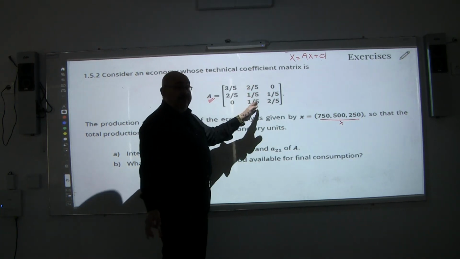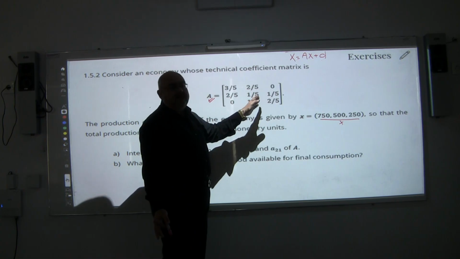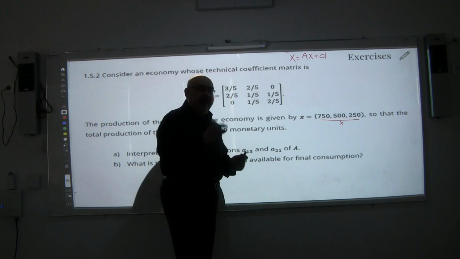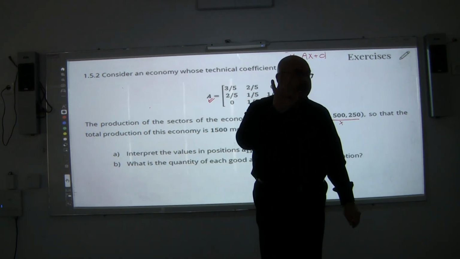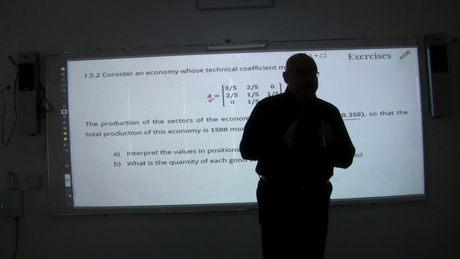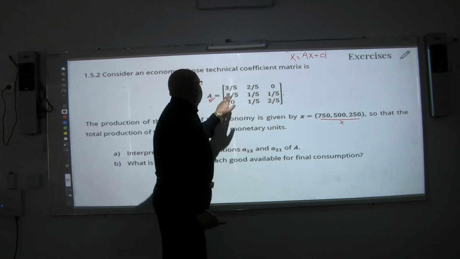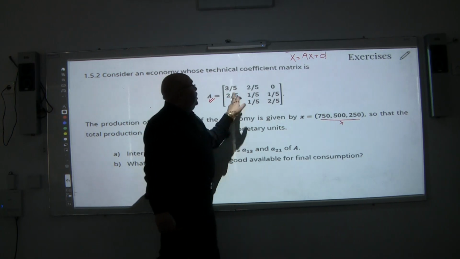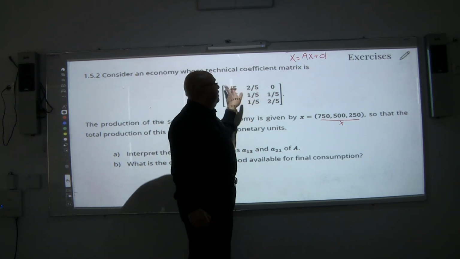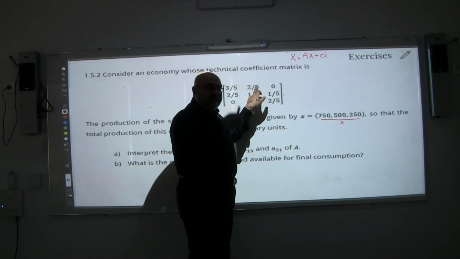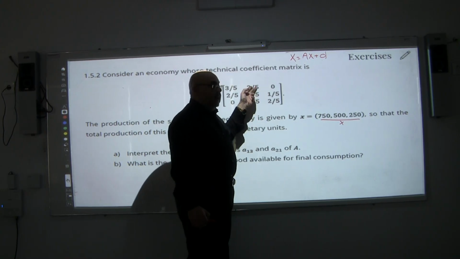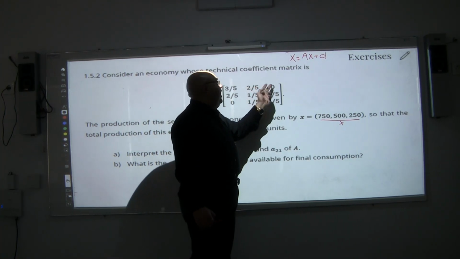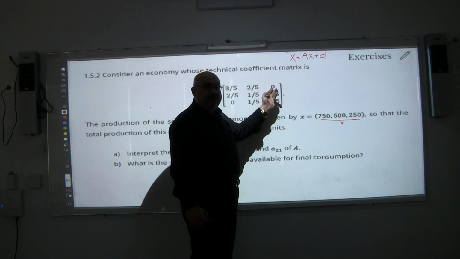So the third sector doesn't depend on the production of the first sector. The first sector will depend on itself by how much of the ratio of the production? 3/5. This is the part of the input of the first production on the second sector, which is 0.4. And the production of the first sector doesn't depend on the values of the last sector.